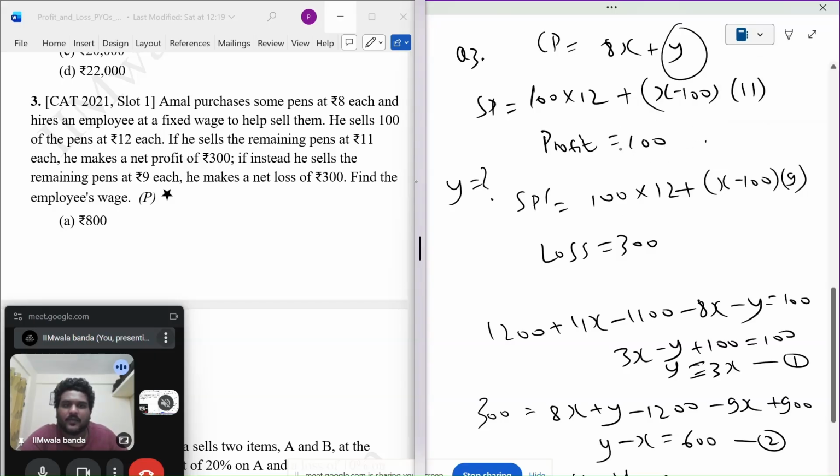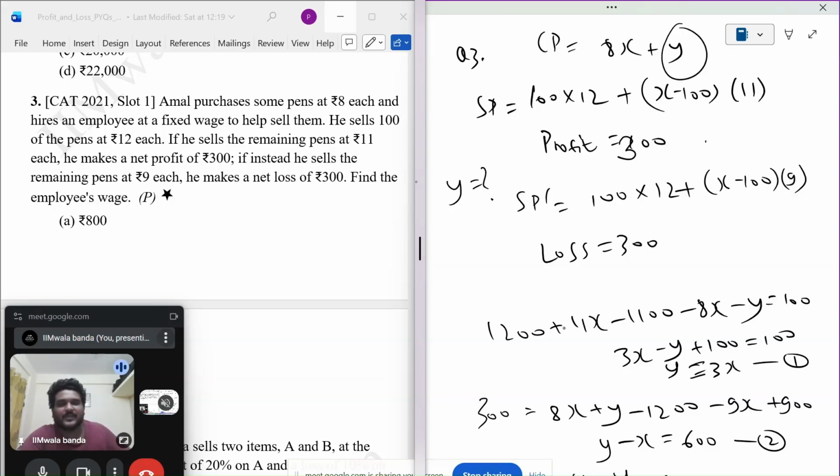X minus 100 into 11, the profit is 100. So I made a silly mistake. The profit was actually 300 and not 100.